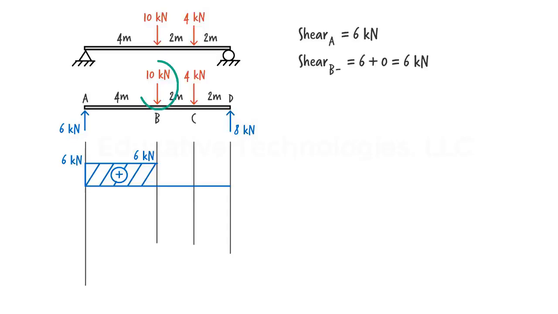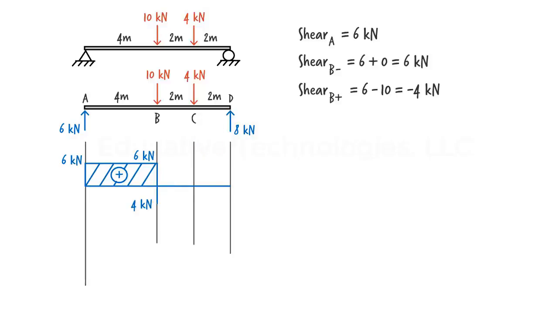At point B, since there is a downward force of 10 kilonewtons, there is going to be a drop of 10 units in shear value. So shear is going to drop from positive 6 at the immediate left of B to negative 4 at the immediate right of B. Therefore, shear at the left end of the segment BC is negative 4.